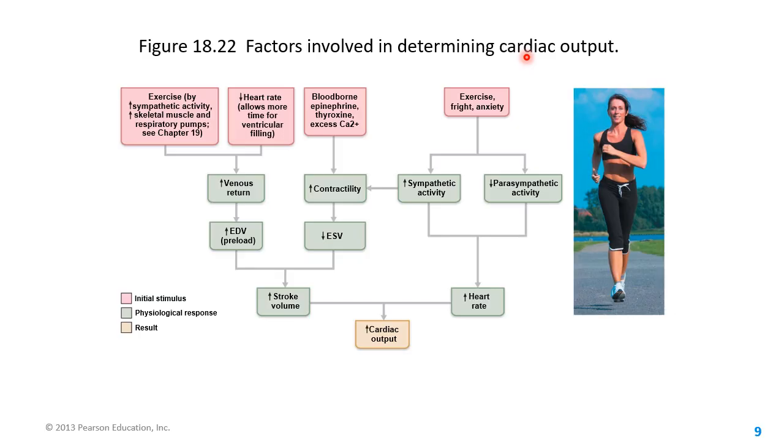Let's say also if you are very anxious, or if you are afraid, or if you go into this fight or flight situation, right? Mainly you're going to increase your levels of epinephrine and norepinephrine. That means you're going to enhance your sympathetic activity. If you enhance sympathetic responses, that means you're going to increase your heart rate. Sympathetic is always increasing your heart rate.